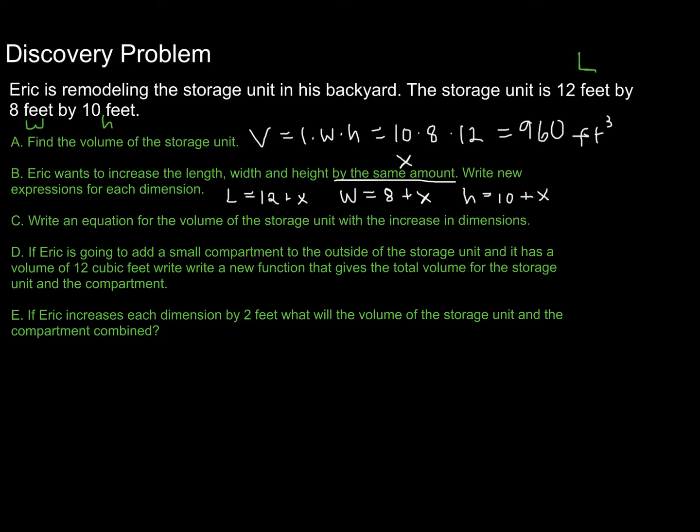So to write this equation, it will be an equation for the volume, and the volume will be equal to the length, which is 12 plus x, times the width, which is 8 plus x, times the height, which is 10 plus x.